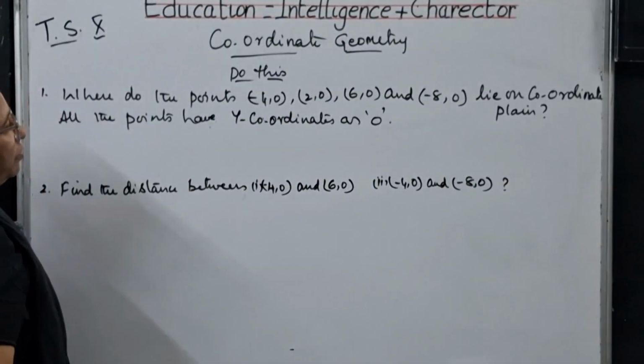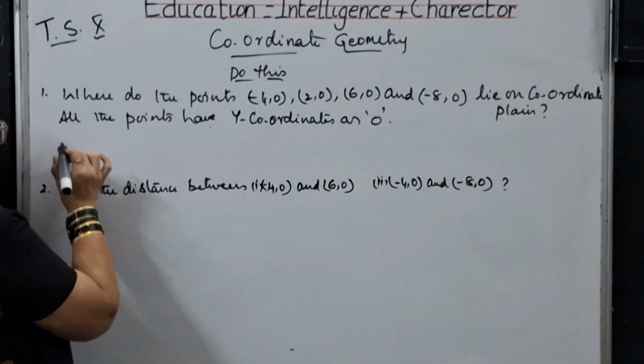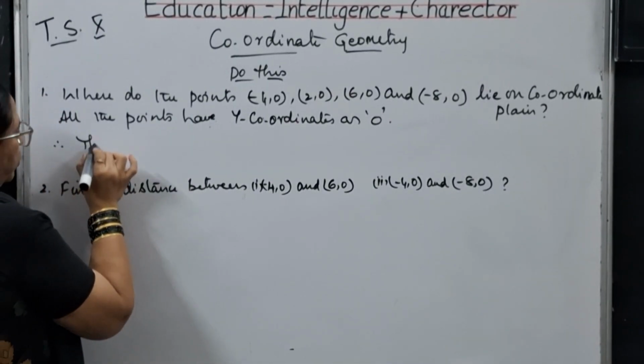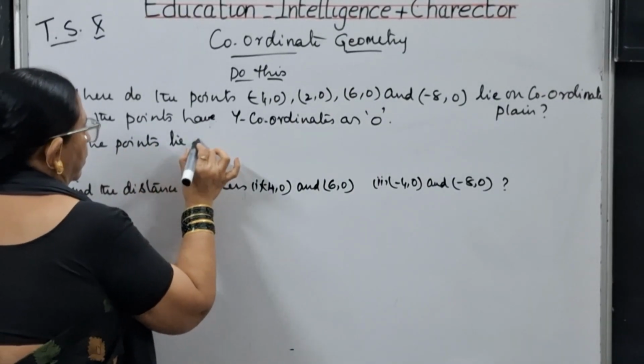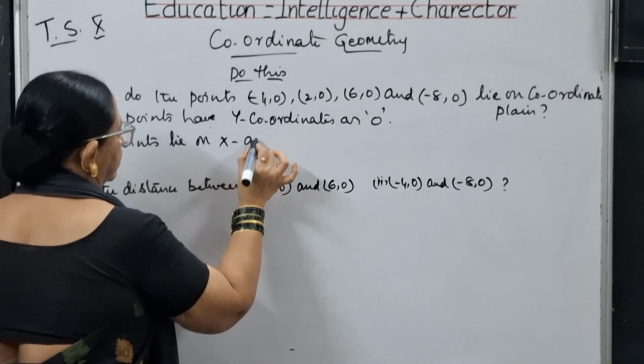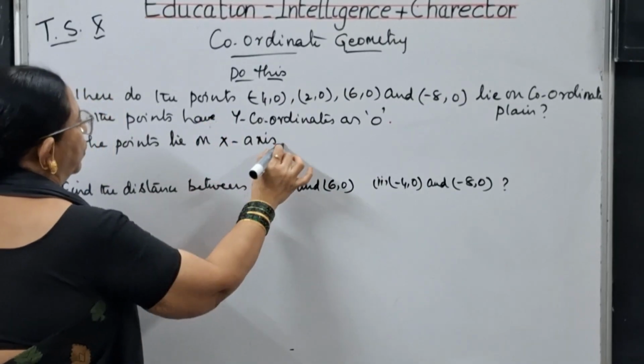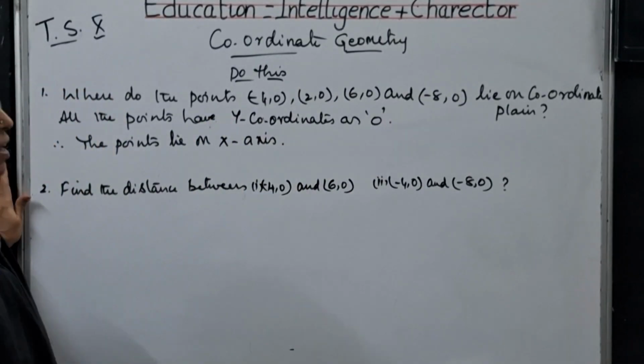All the points are having y coordinates as 0. Therefore, the points lie on the x-axis. In case x coordinates are 0, the points lie on the y-axis.